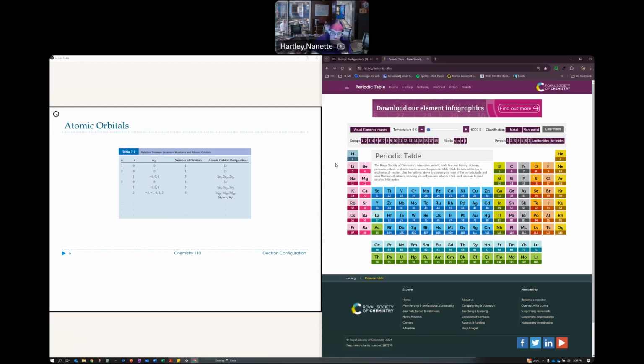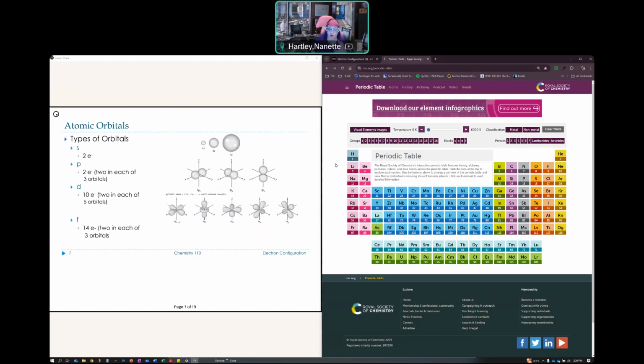Okay. So I showed you our orbital shapes. Now, one of the things that I said when we were talking about spin up and spin down was that any particular orbital can only have two electrons in it, and that is absolutely true. So if it only takes two electrons, then an S-type orbital, because it only has one orientation, can hold two electrons. S has two.